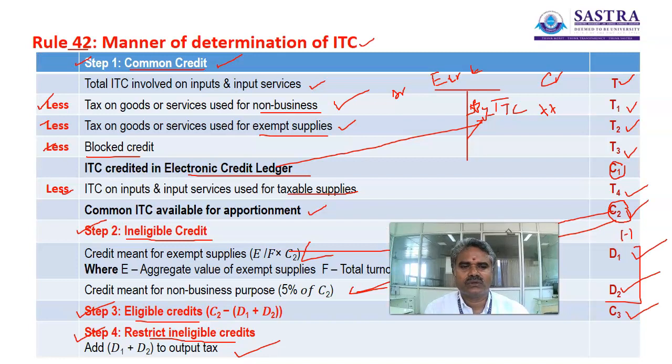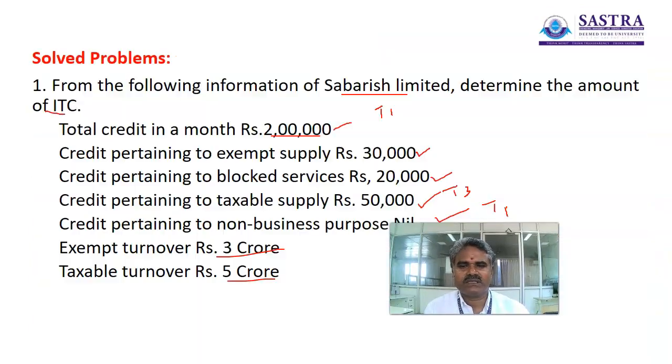Likewise you have T1, T2, T3. T1 is non-business, T2 exempt, T3 blocked. That's it. T1, T2, T3. And apply the remaining formula.